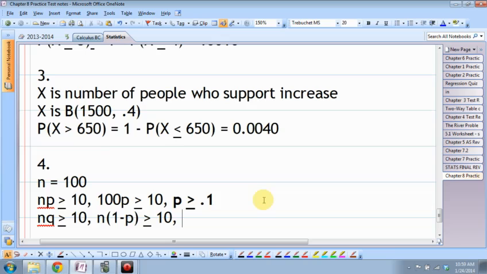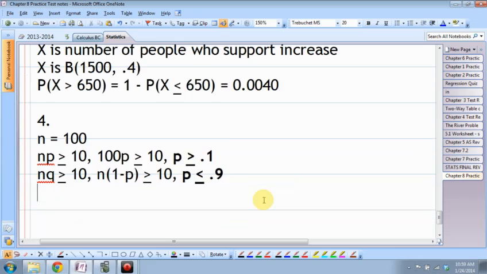And if you solve that, you get that P needs to be less than or equal to 0.9. In summary, you need to say that P should be between 0.1 and 0.9.